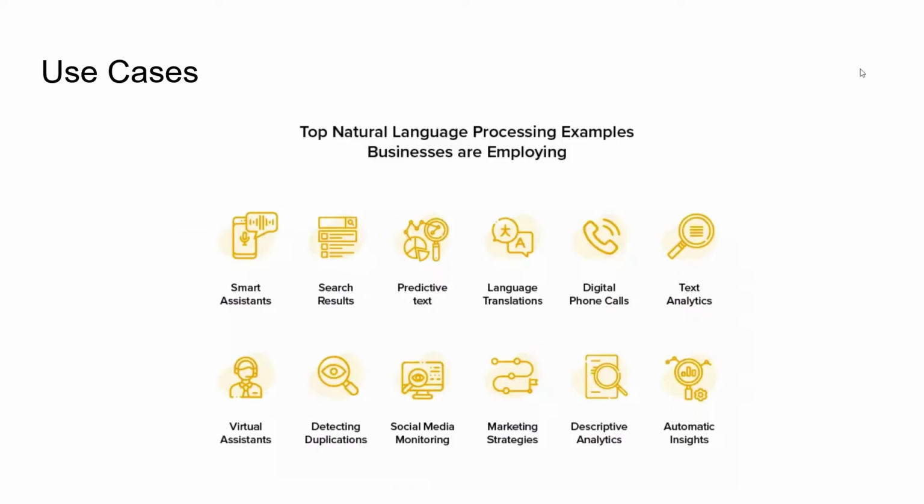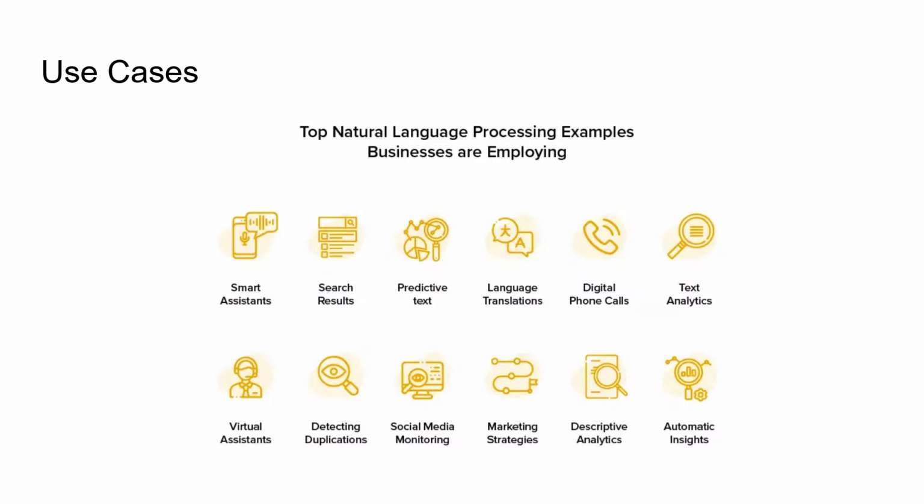Okay, moving forward, we have use cases. Talking about one of the major use cases of natural language processing in the industry, we have smart assistants, for example, Okay Google, Siri, Alexa. We have search results; Google search results are using NLP to some extent for recommendation.